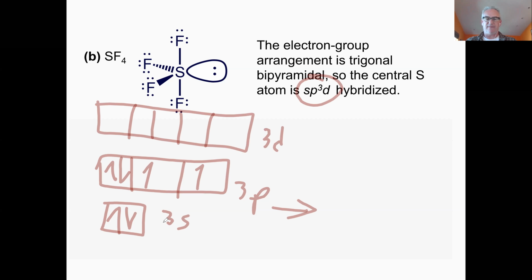So how do I convert this to this? How many orbitals am I forming? You basically already answered the question. There were 5 regions of electron density, and so we have sp3d hybridization. Therefore, how many new hybrid orbitals have we formed?